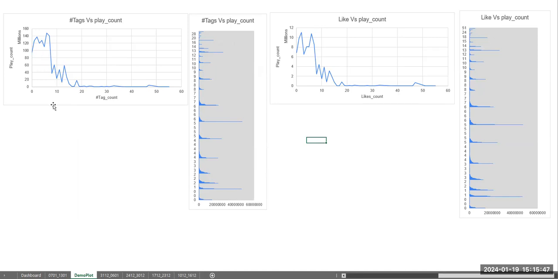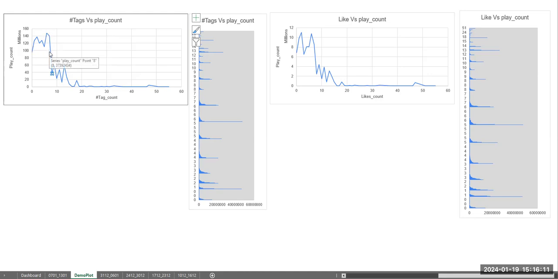On the other hand, if we aggregate the count of hashtags against the play counts, the cumulative response is shown on the vertical axis as play count, and on the horizontal axis as tag count. You can see that up to 8 hashtags we have a good play count, ranging above 100 million.